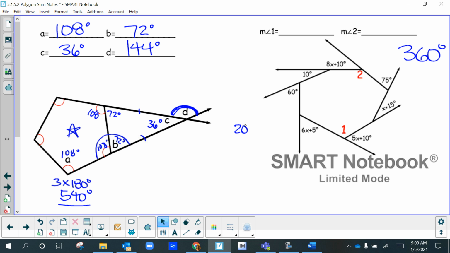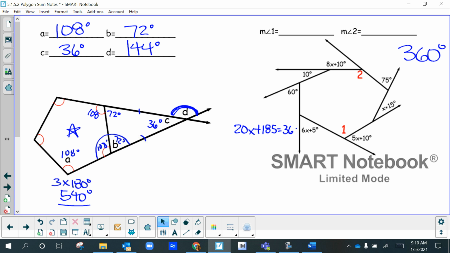So I have 20x. Okay, now let's add all these constants. So I'm going to start over here with a 10 and then just work my way to the left. So 10 plus 10 is 20, plus 60 is 80, plus a 5 is 85, plus a 10 is 95, plus 15 is 110, plus another 75. What's 110 plus 75? 185.